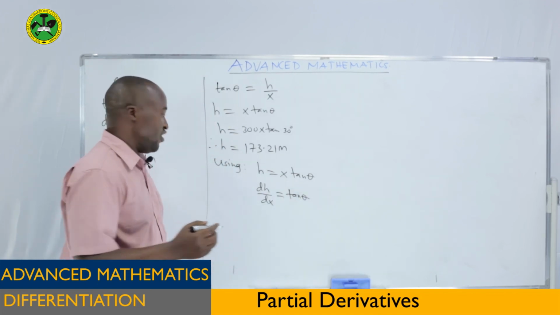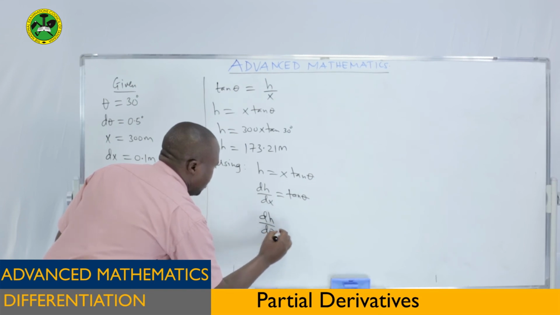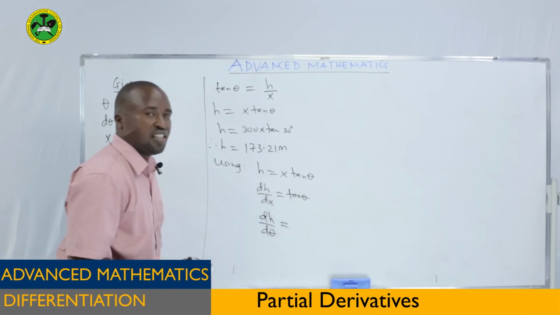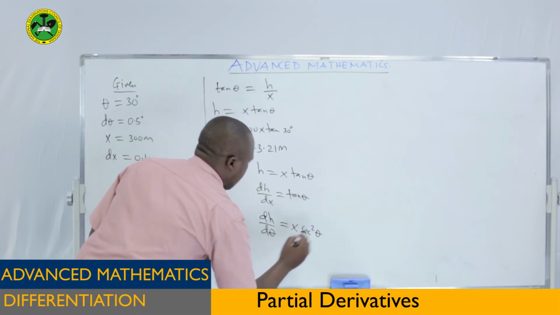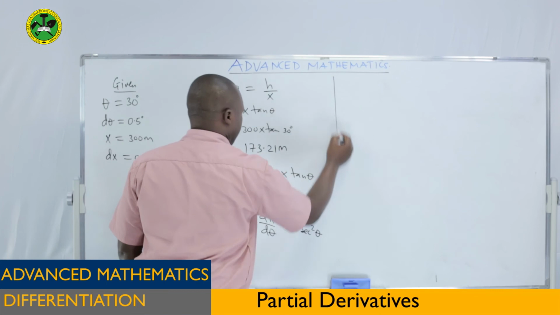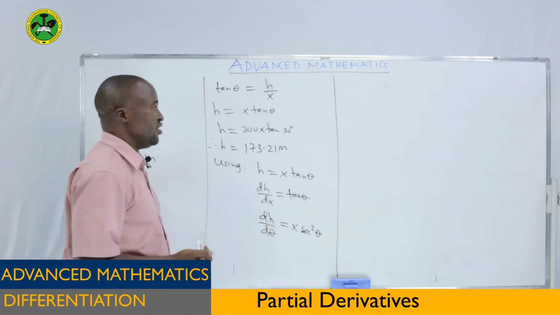And again, let us find dh d theta. In this case, we have xc sec squared theta. So dear student, our interest is to find dh.